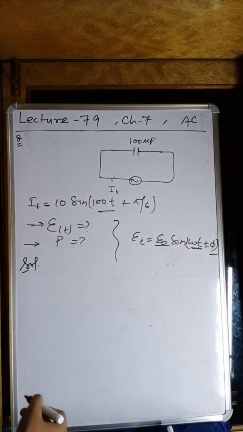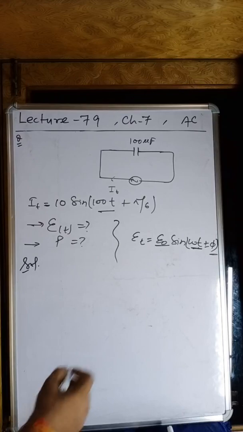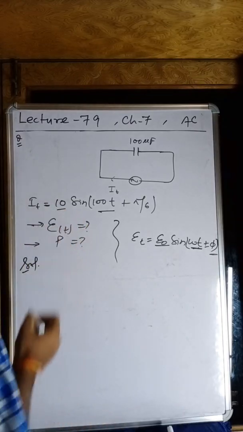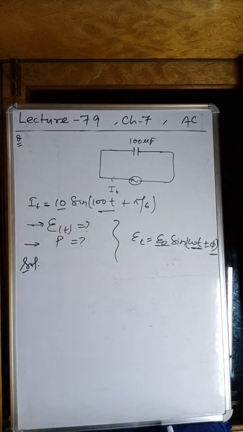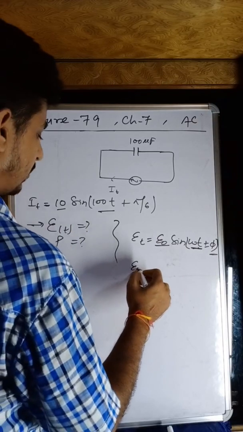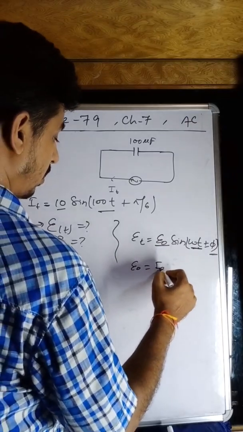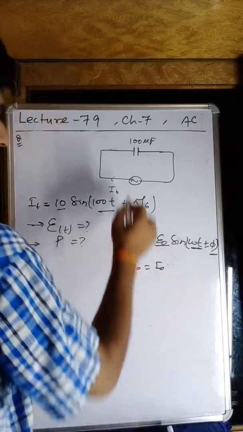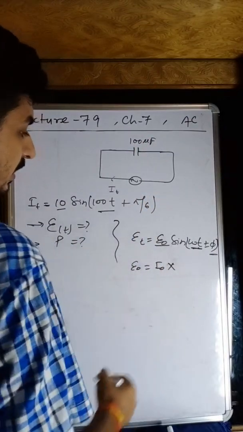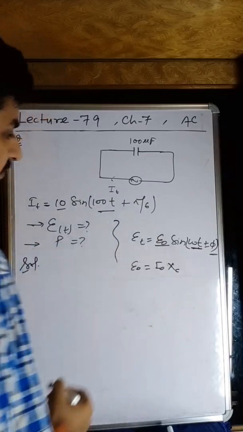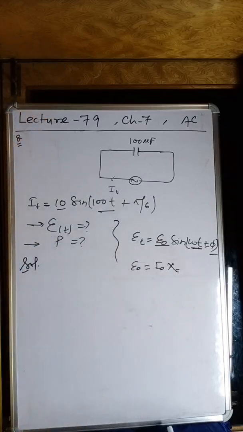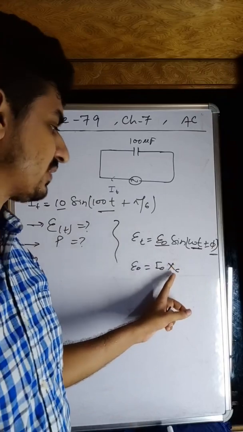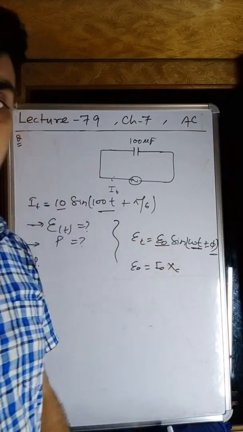Okay, let me solve here. To find E naught, we need the value of I naught, which is given. E naught and I naught are correlated as E naught equals I naught into resistance, and here it is a capacitor, so capacitive reactance Xc. If you have the value of Xc, then you can write E naught.